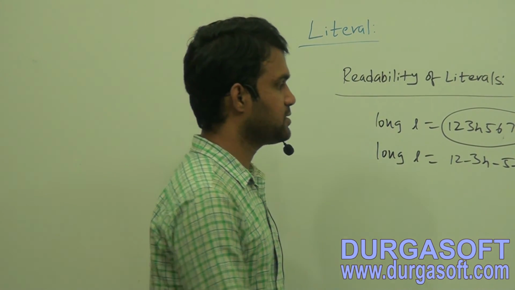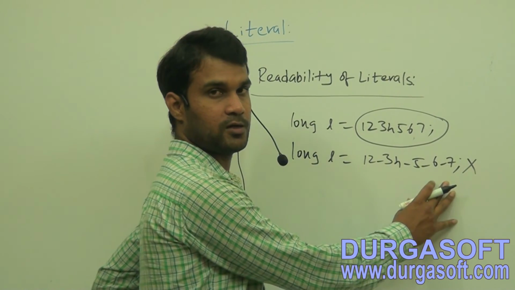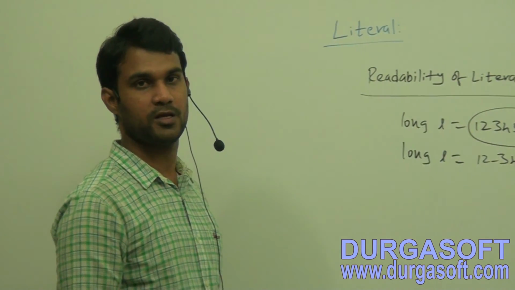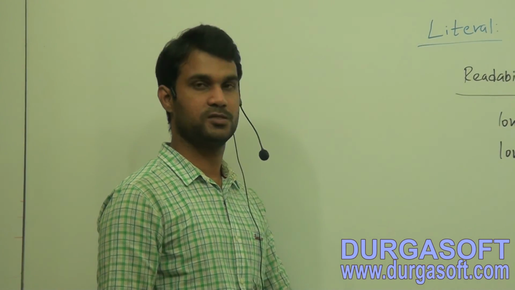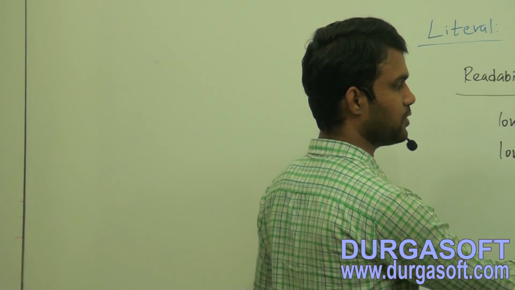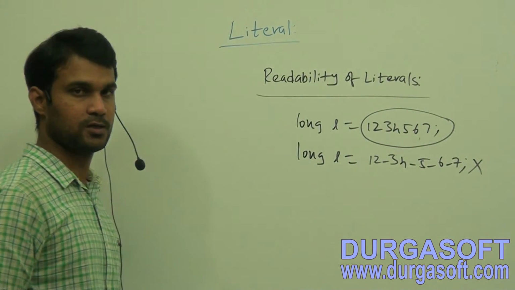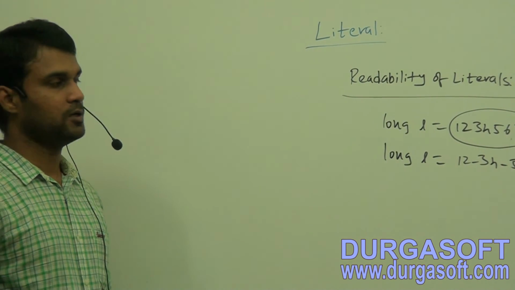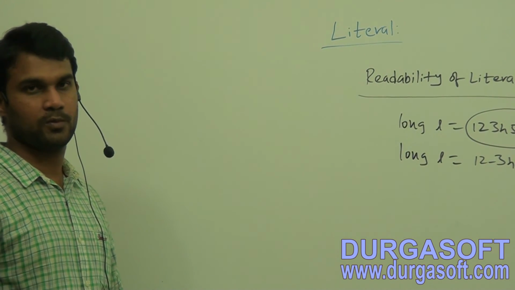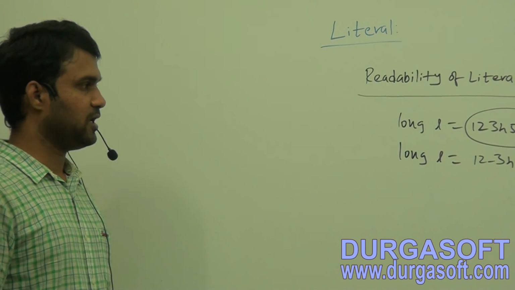At which phase are these underscore symbols eliminated? At the compilation phase, not at the execution phase. All the underscore symbols represented in our literal value are going to be eliminated here.